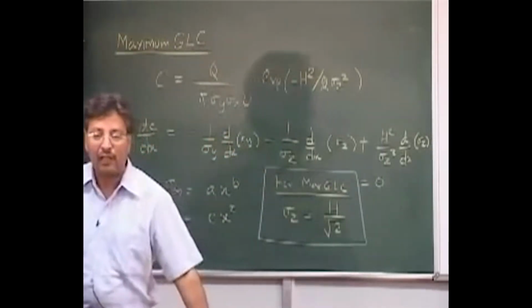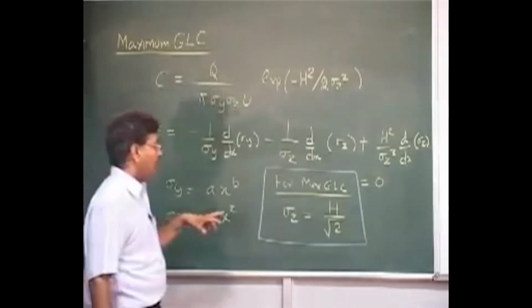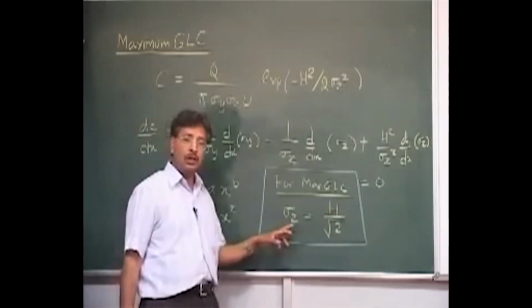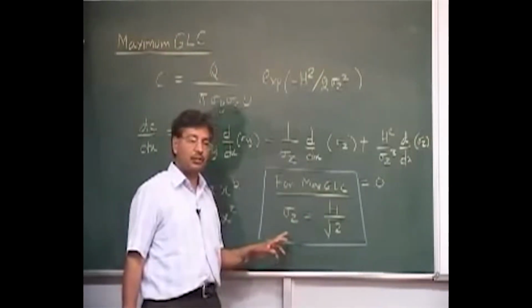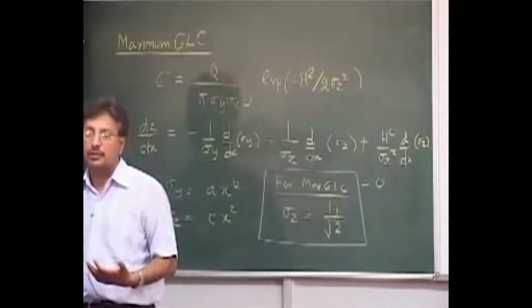I am giving you the final answer, okay, to save the time. But when sigma z equals h by square root 2, that is where you will get the maximum concentration. Okay.